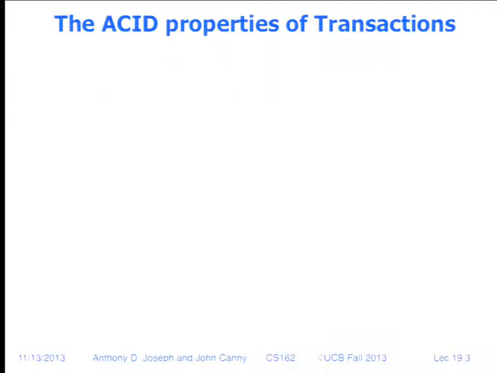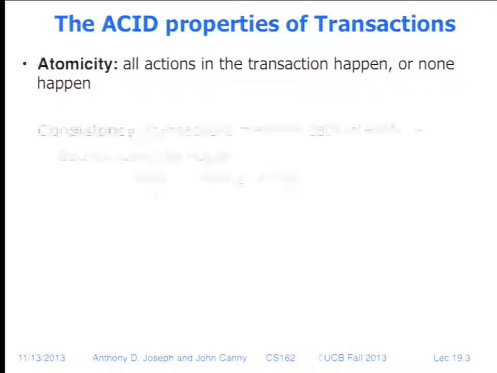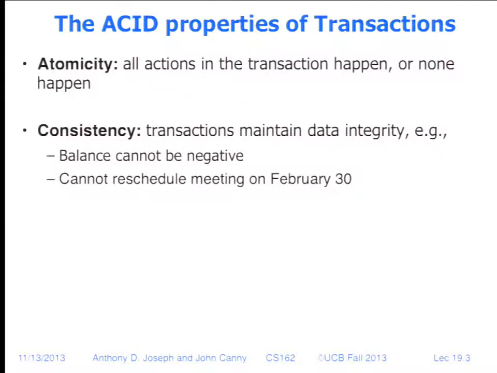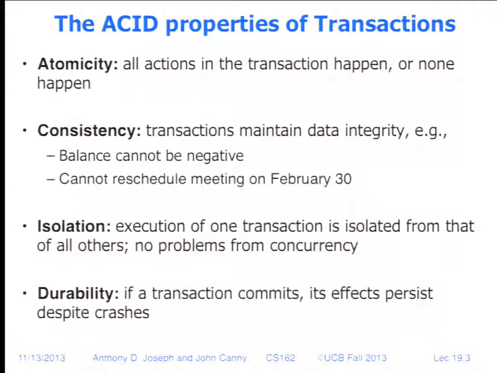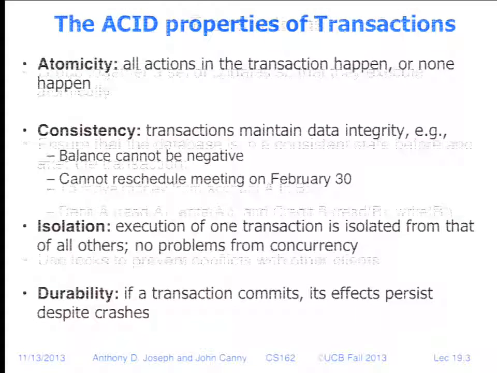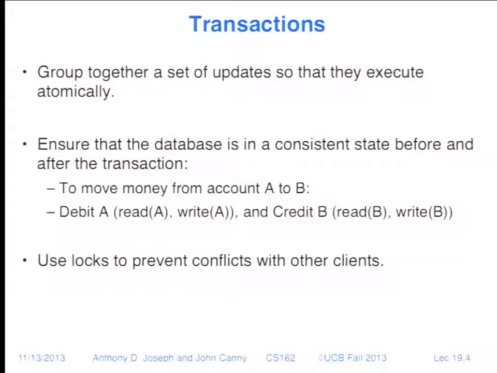Again, with transactions, our goal is to have these four properties, the ACID properties: atomicity, consistency, isolation, and durability, which we discussed last time. Transactions are the fundamental tool that provides these properties globally in the database.